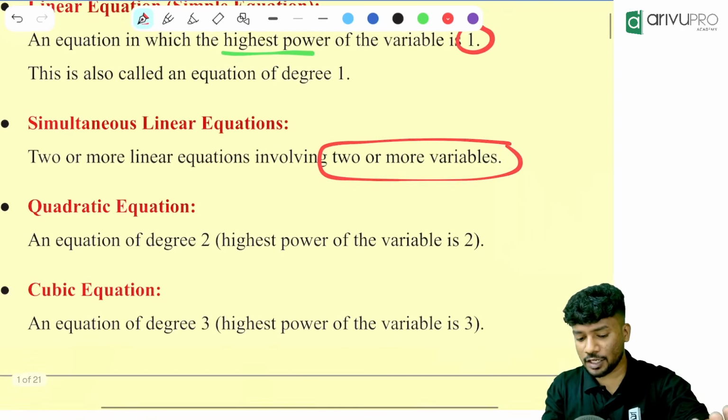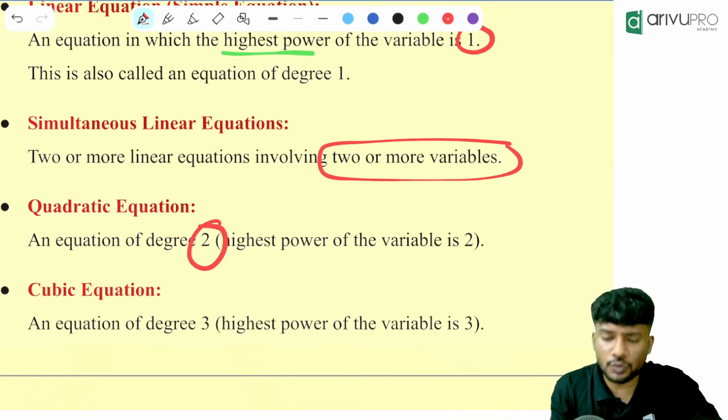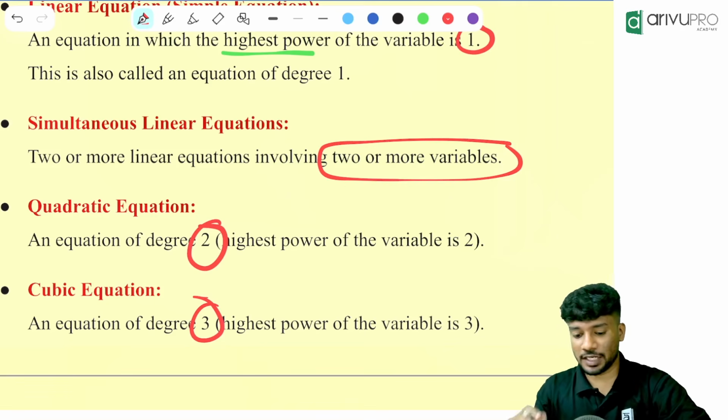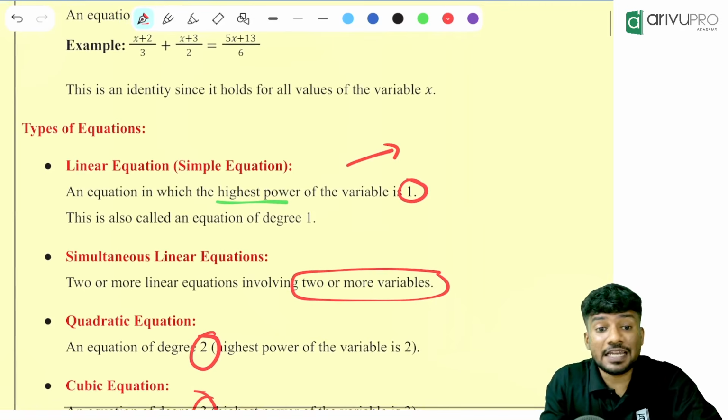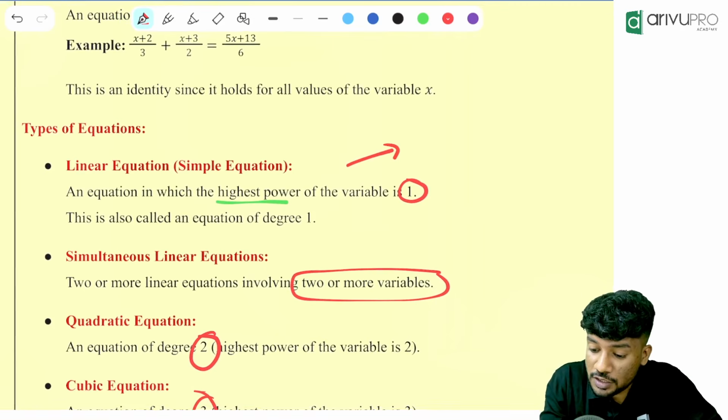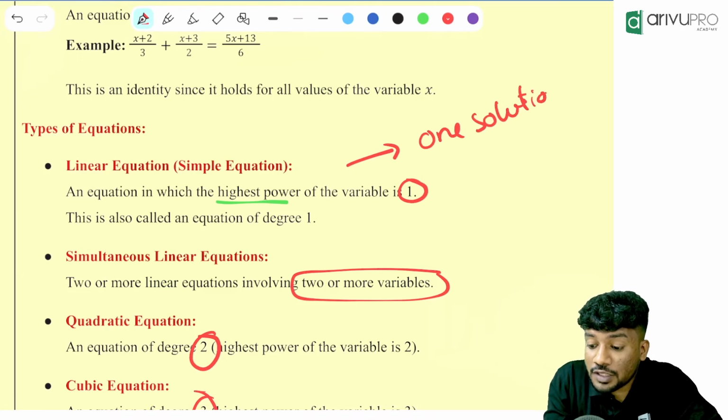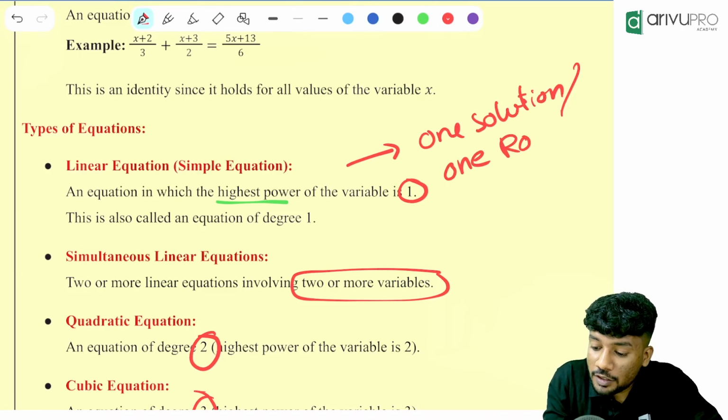Now a quadratic equation has how much power? 2. X square will be there. A cubic equation has the highest power of what? 3. Now one thing everyone should understand here is, a linear equation has how many solutions? 1 solution. Or I will use the word which you are used to: how many roots are there? 1 root.